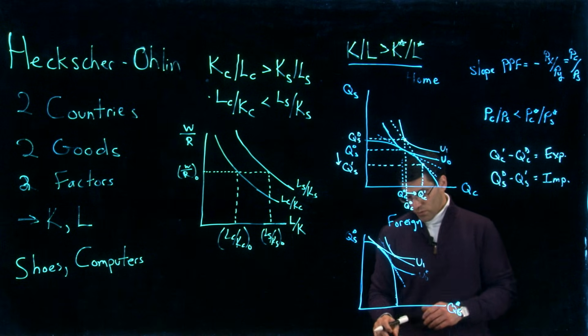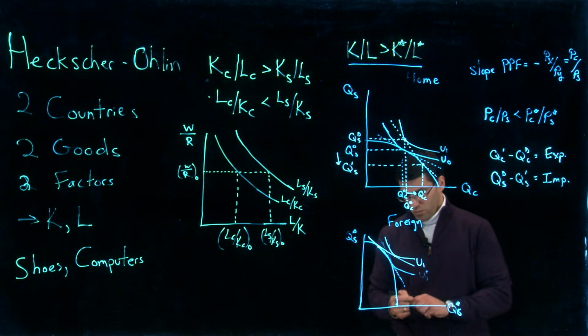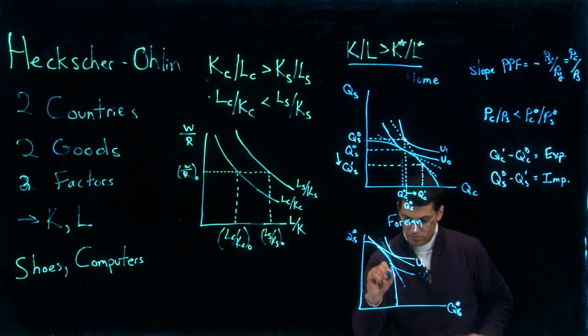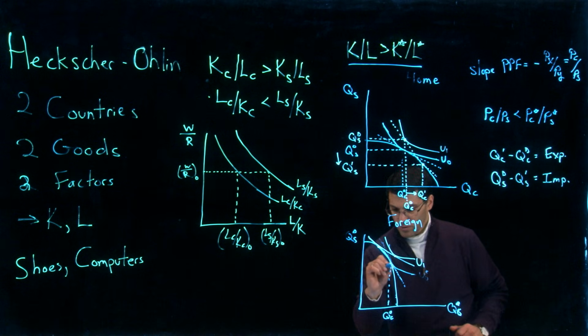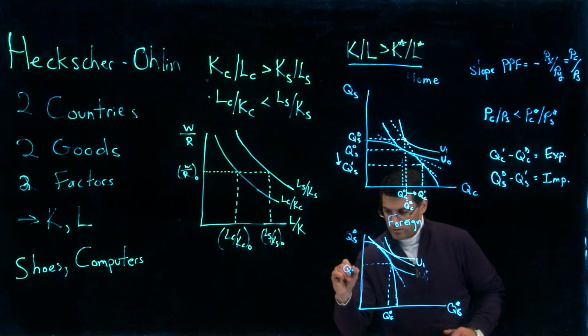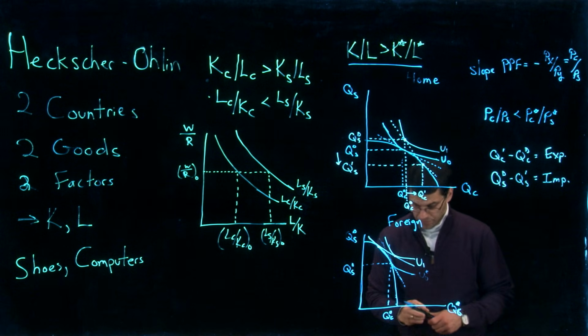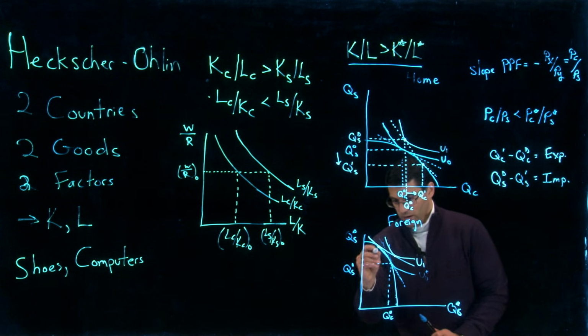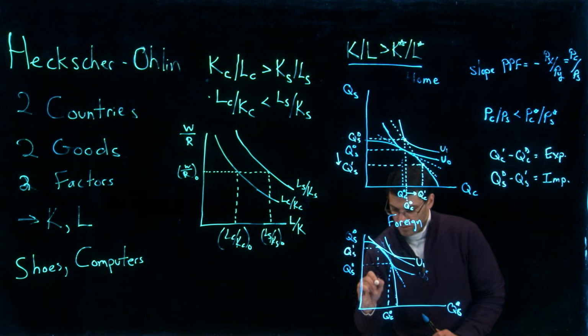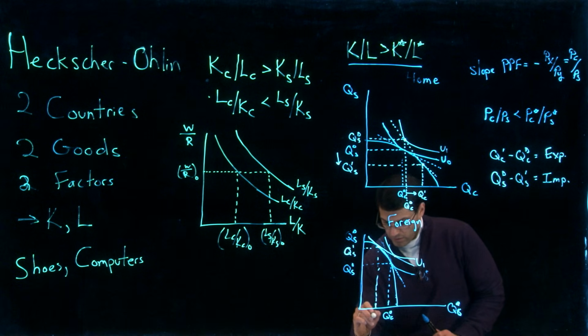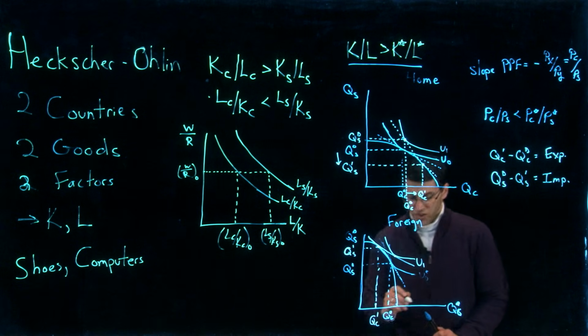Okay? So what do we notice? Well, we notice that production shifts from QC0, QS0 for them, up to a point like here, QS1 and QC1.